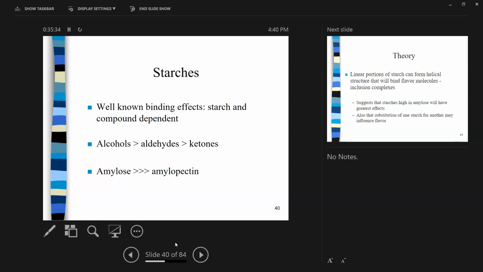An alpha helical structure is a really nice place for a flavor molecule to get inside, and it's actually used to deliver flavor in some cases: put flavor inside that alpha helix and then put it into a food product. So amylose has a much greater effect than amylopectin. And there's a preference: some parts of your flavor want to go into that starch more than other parts of your flavor.